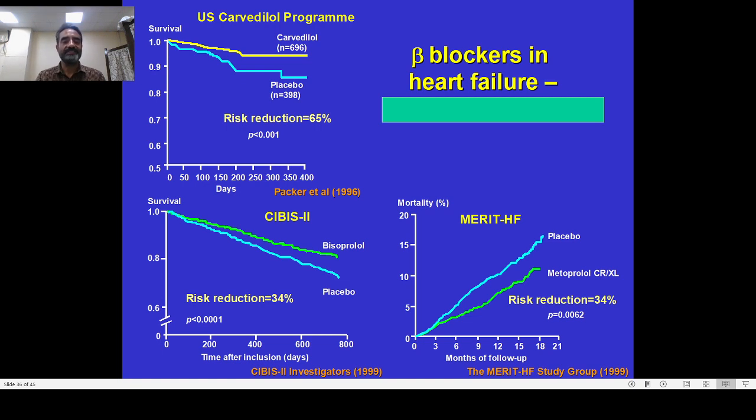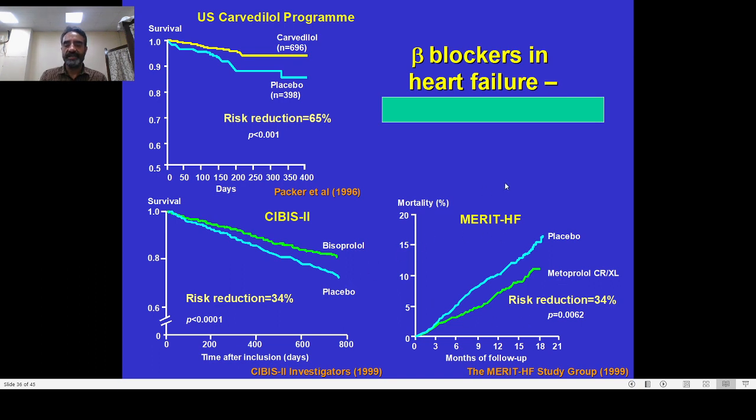On the left hand side you see two graphs, one on the upper side, one on the lower side. On the upper side you can see carvedilol increasing the survival as compared to placebo. And on the lower side it is bisoprolol, which is improving the survival as compared to the placebo.